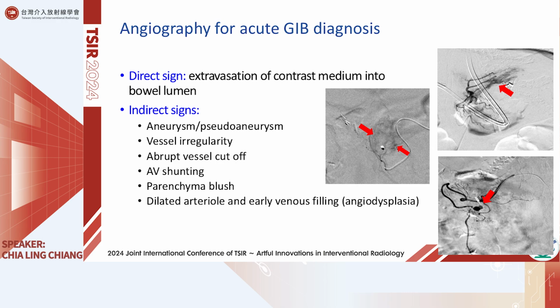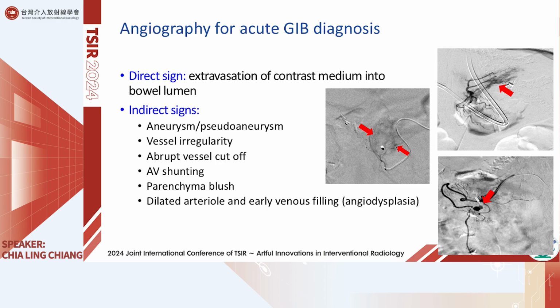And there are some direct signs or indirect signs in angiographic findings for acute GI bleeding diagnosis. The direct sign is the active extravasation of contrast medium into the bowel lumen, like this one, the pointer. Sorry. Oh, the pointer is here. So like this. This is an active extravasation.